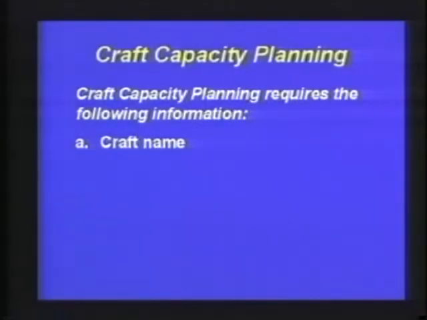So this gives us an opportunity, at least those of us that are supporting the purchasing activity, to understand the planning process that is required in the labor portion, as well as the planning process which is required in the spare part requirement program. So the first thing we address is item A, the craft name. And that would be an electrician, a mechanic.